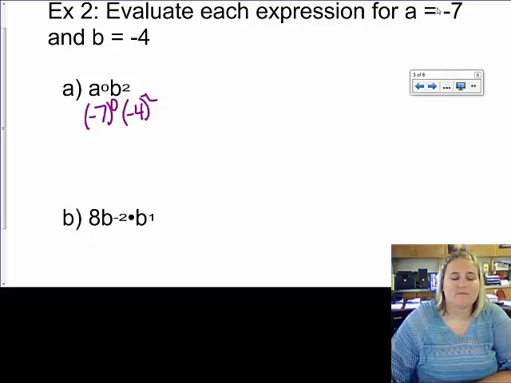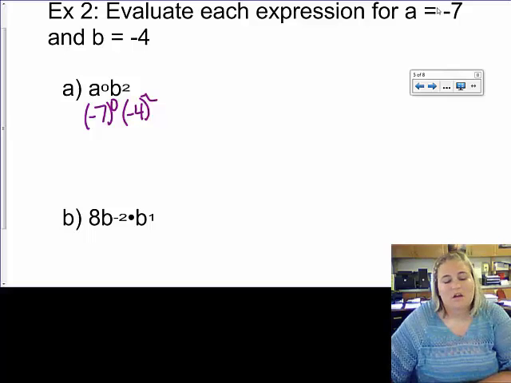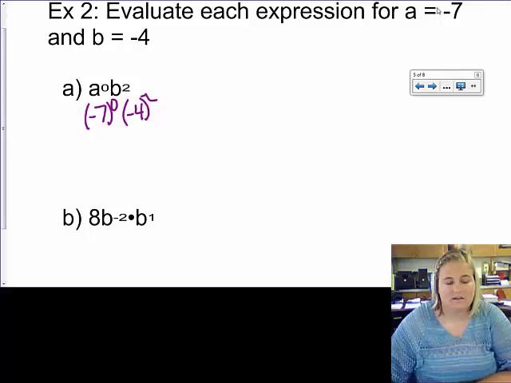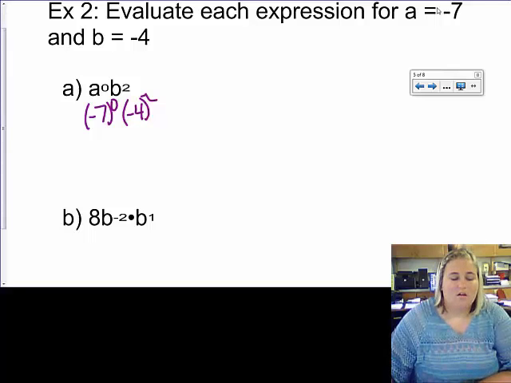So to simplify this, I need to actually find what those exponents make my bases equal to. So I hope that you remember that negative 7 to the 0, or anything to the 0 power, is going to be just 1.